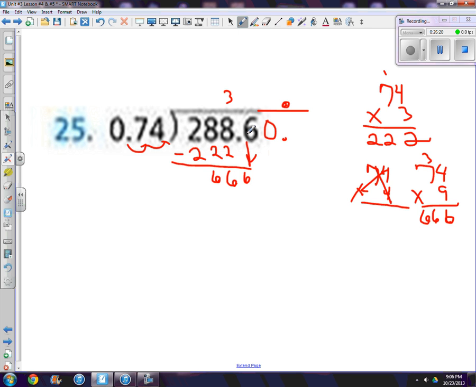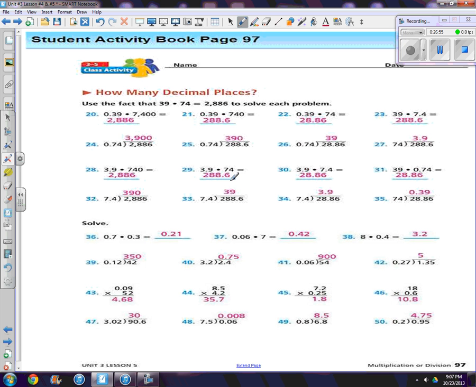So above this 6, you're going to put the 9. 666, 0. But you have one more digit you have to represent, the 0. And 74 goes into 0, 0 times, and now we're done. So 390, which if you think about it, 74 into 28,600. And if you look at 25, 390 is your answer.